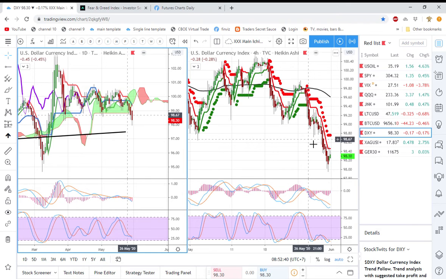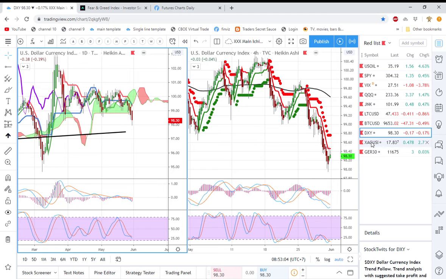I've got one martingale algo and one grid trading algo, and I'm looking at another one that's a bit different. The results that they've been getting are not that great, but then they won't be if I don't use the standard default settings anyway.